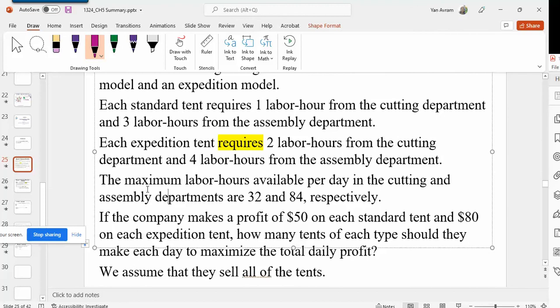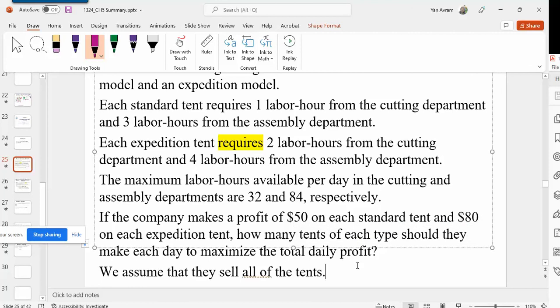The maximum labor hours available per day in the cutting and assembly departments are 32 and 84 respectively. If the company makes a profit of $50 on each standard tent and $80 on each expedition tent, how many tents of each type should be made each day to maximize the total daily profit?